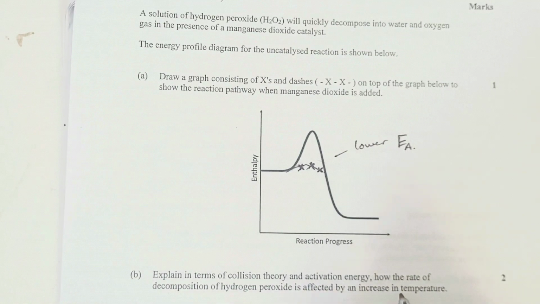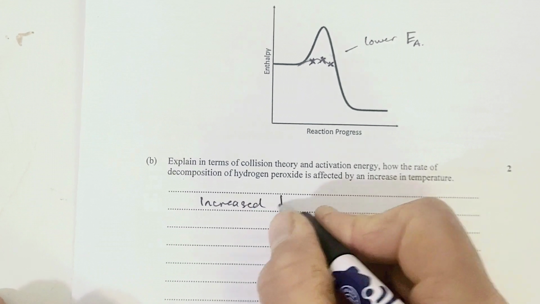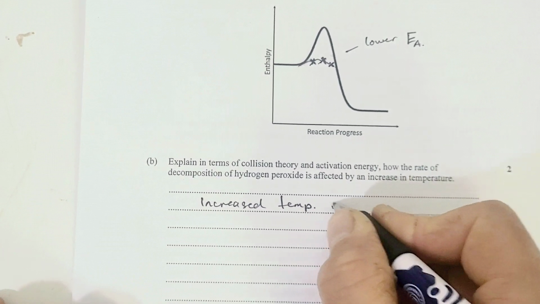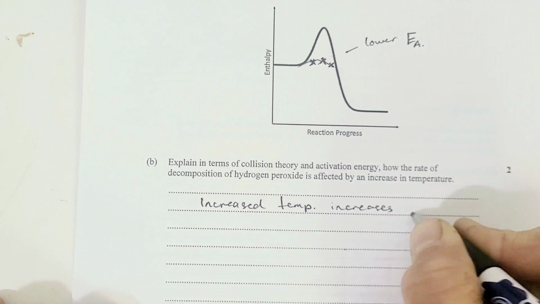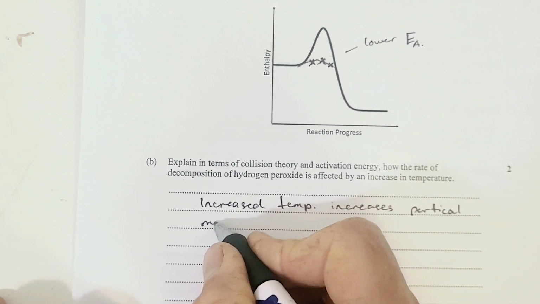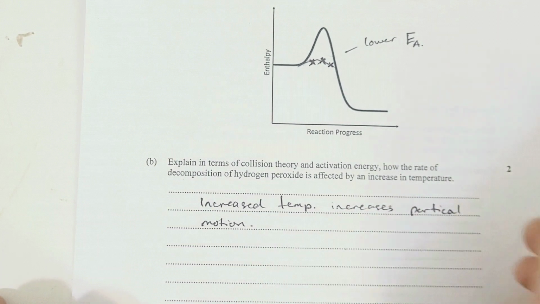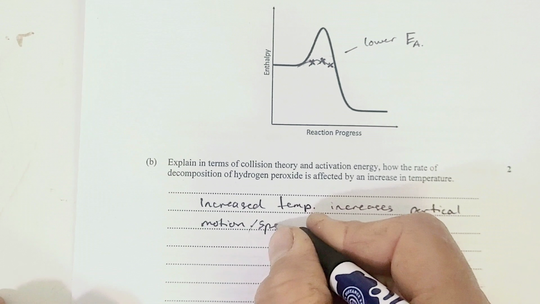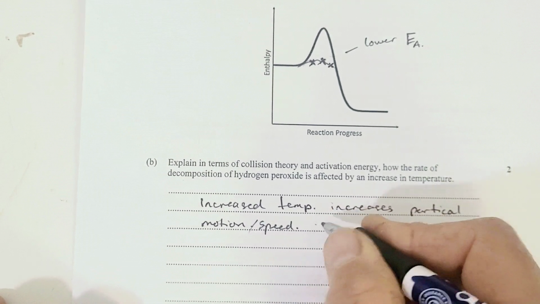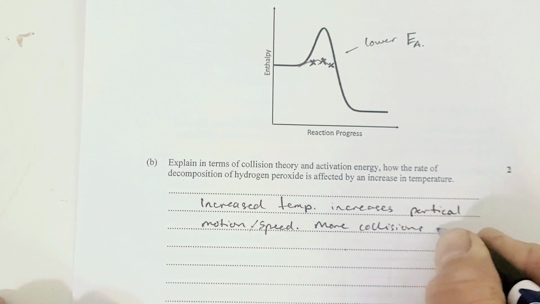Explain in terms of collision theory how the rate of decomposition is affected by temperature. What happens with increased temperature? Increases particle motion, speed. More collisions occur.